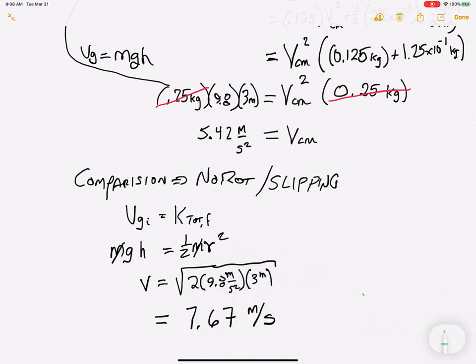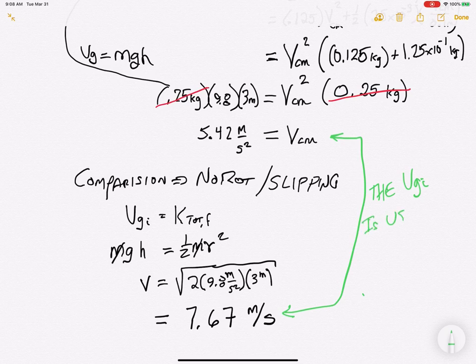Notice that in comparing the two, we're going slower when we're rolling, because the initial gravitational potential energy is used to rotate the object, in this case our disk.